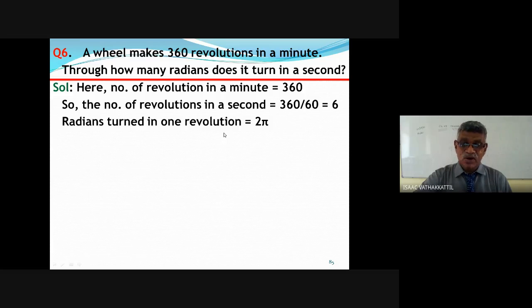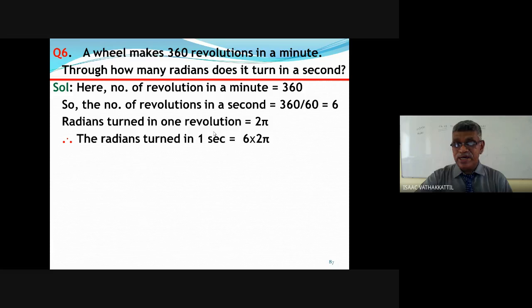So in 6 revolutions, 6 into 2 pi, that is 12 pi radians. The answer is very simple: 360 revolutions in a minute, so 6 revolutions in 1 second, and 1 revolution is 2 pi radians, so 12 pi radians in 1 second.